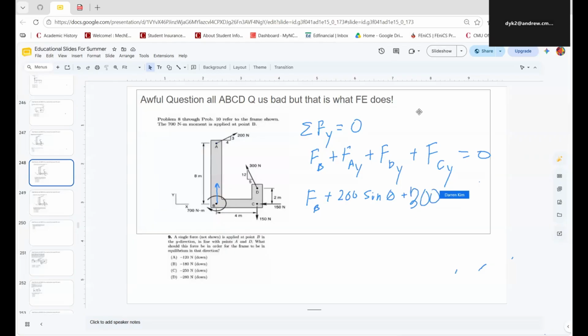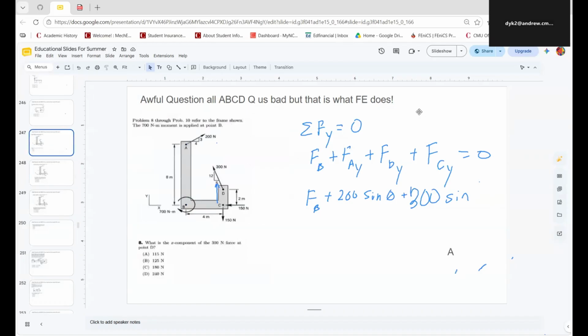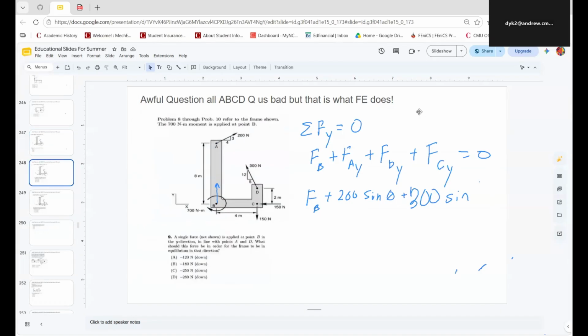300 multiplied by sine. Wait, is it sine? What did we do last time? That was the x component. We need a y component. So if this is theta, we will do a cosine. Actually, it really depends on which way you do it, but I'm going to do cosine.